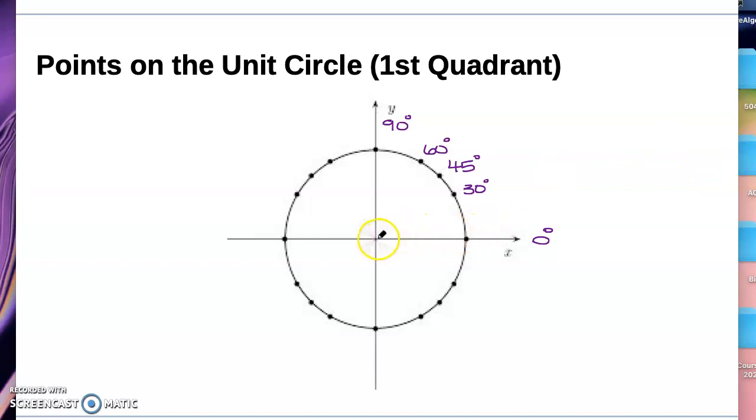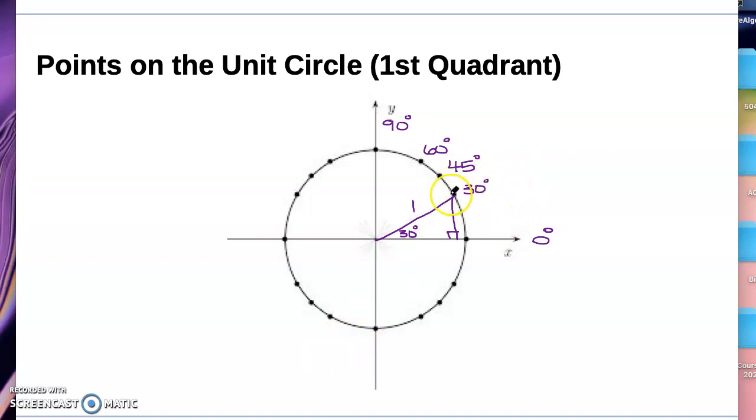And what we think about is if I have a 30-degree angle and I create that right triangle that we were thinking about before, and I'm in a unit circle, I know that my radius is 1. So this angle that's opening up here is 30 degrees. That puts me at the 30-degree mark here.